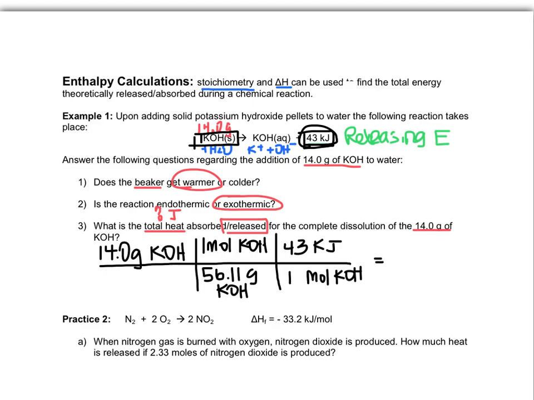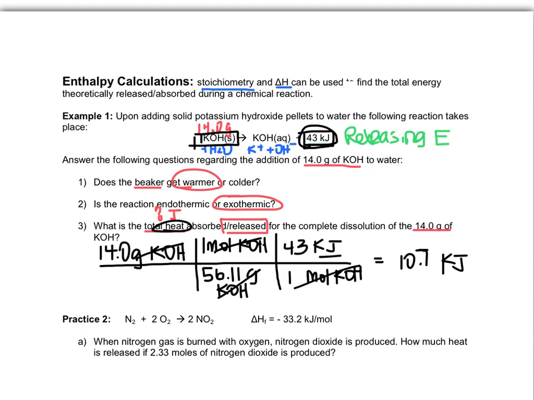I want my answer to have 3 significant figures, so it's going to end up being 10.7. Notice grams of KOH canceled, moles of KOH canceled. My unit is kilojoules, or energy, which is what I wanted because heat is energy.